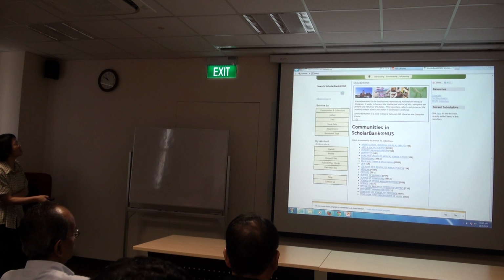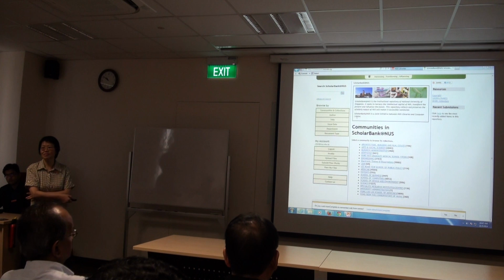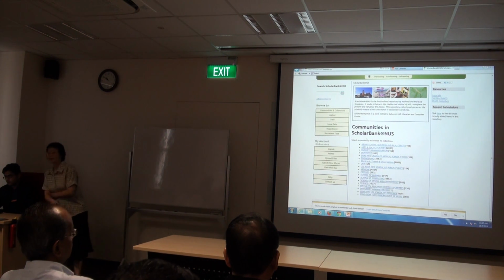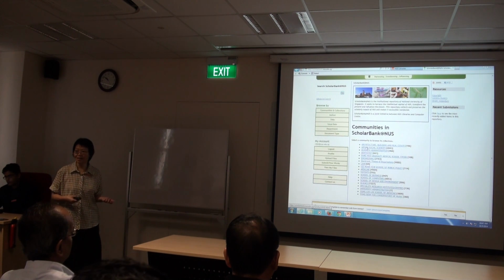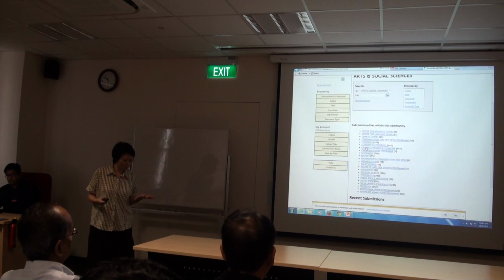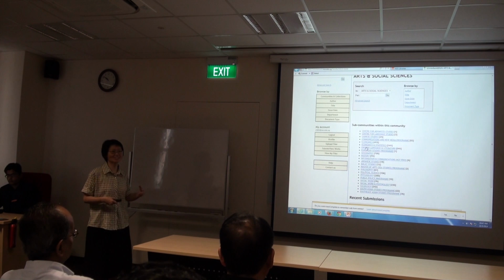You can click on FASS. Currently, there are 2,800 plus works, and they are mostly, except for a handful, just the metadata. So if you have the pre-print version or post-print version, please send it to us. Then we can check.